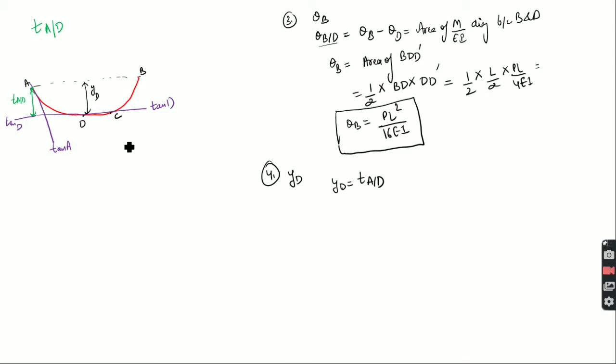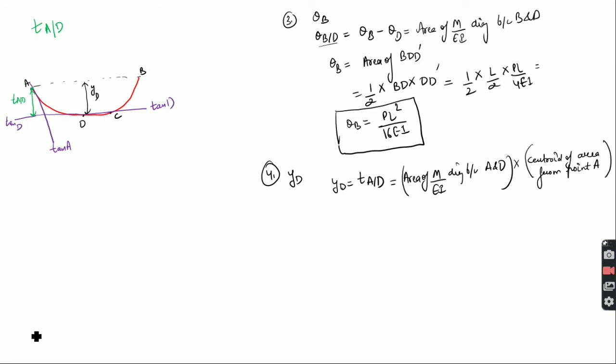So TAD: from moment area theorem 2, TAD is the area of the M by EI diagram between A and D, multiplied by the distance of the centroid of the area from point A, because we are determining TAD, so we will take the distance from point A.